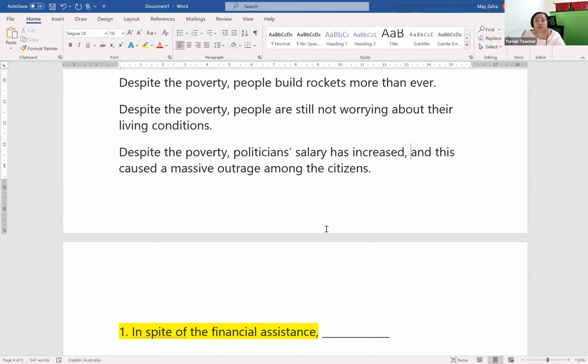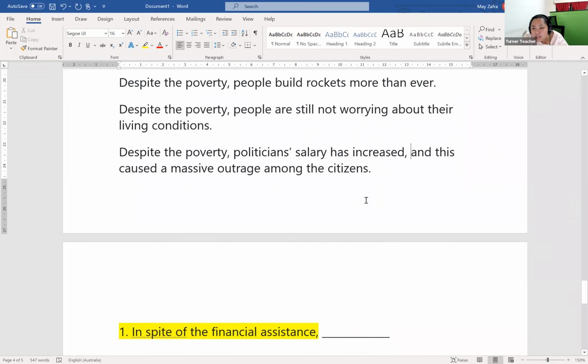No, that's an effect because they're poor, they can't buy food. But if you say, despite the poverty, the people are still happy, then yeah, I'm poor, but I'm happy. That's the opposite. But if you say, despite the poverty, people can't buy food, that's not opposite. That's the cause. The cause of my poverty, the effect is I can't buy food. That's cause and effect. Right? Yeah. That's the difference.